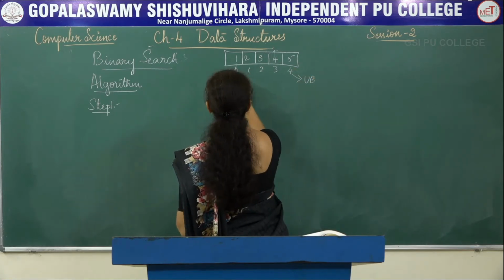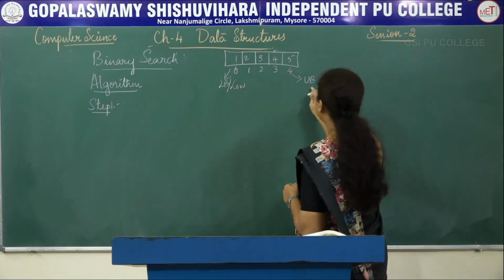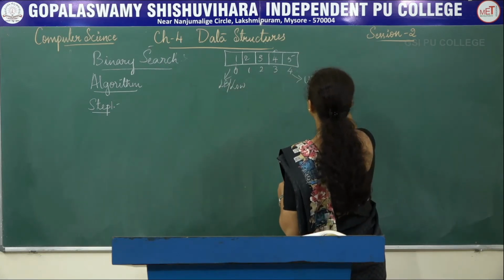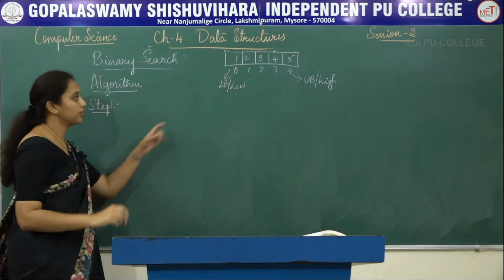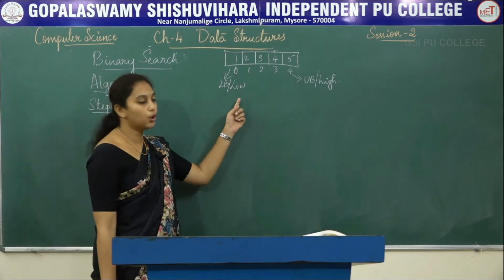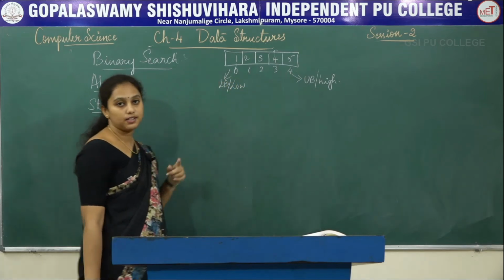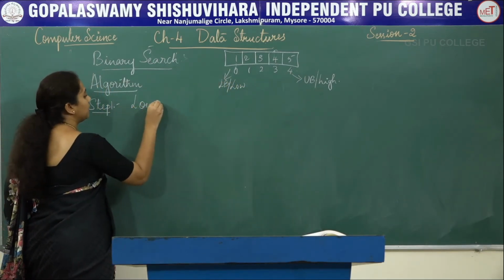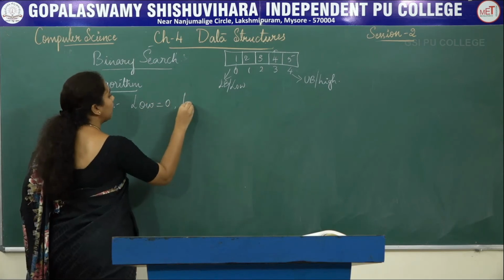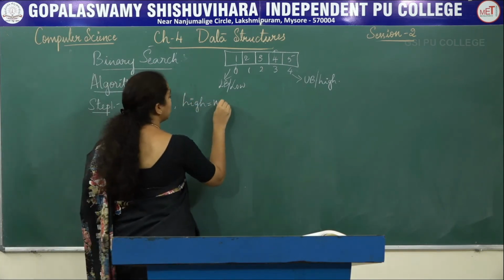We can call it lower bound or low, upper bound or high. The value of low is 0 and the value of high is n minus 1.